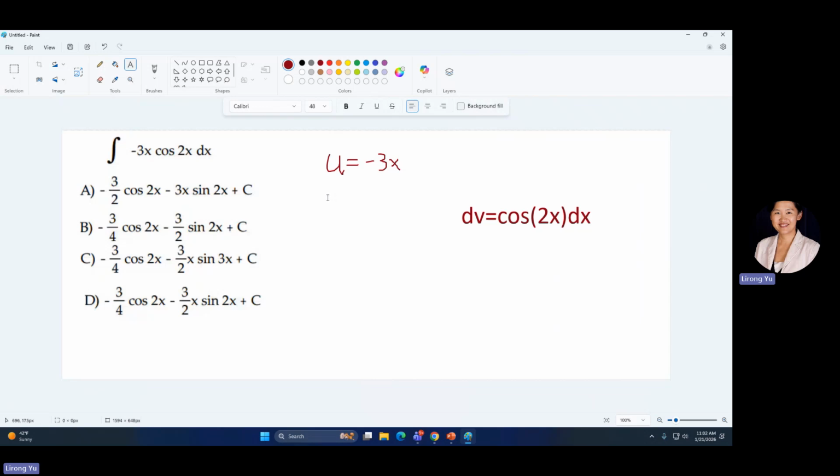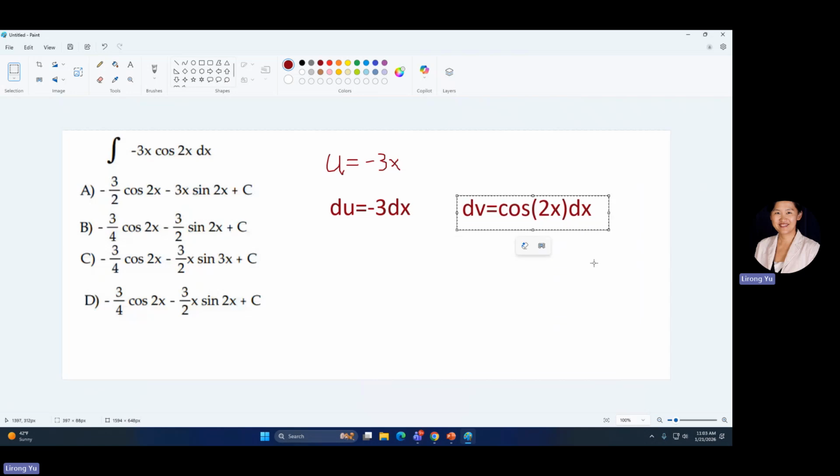So for the u, we have to find the du. The du equals the derivative times the differential. The derivative of negative 3x is negative 3, and then we multiply with dx. That's this part. The dv, we identify it as already having the derivative multiplied in, because this is a derivative. So we have to find the antiderivative.